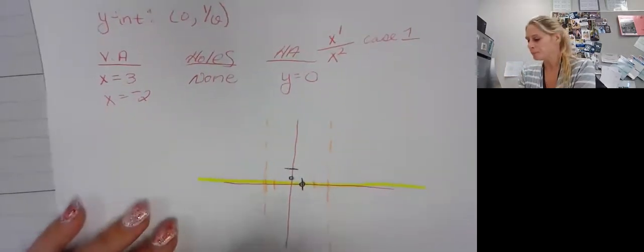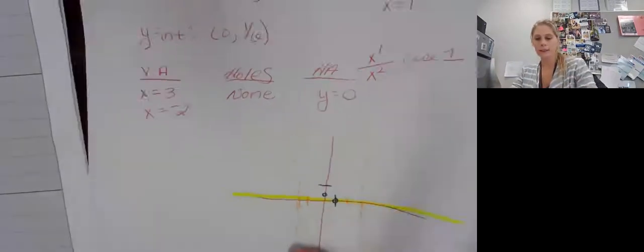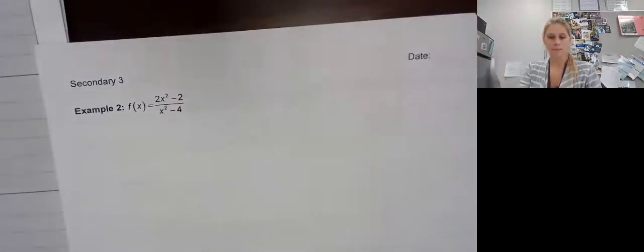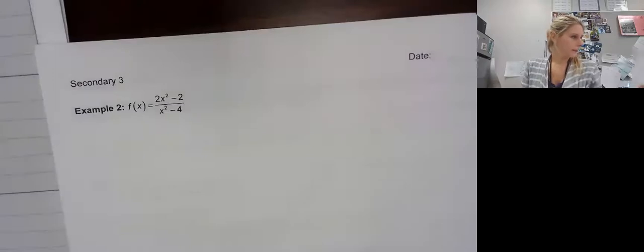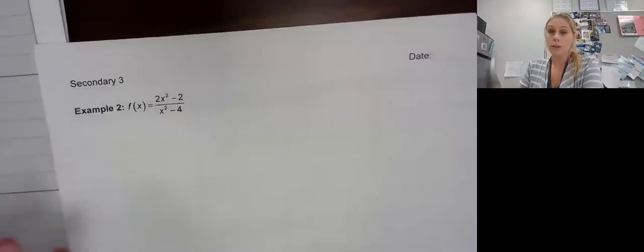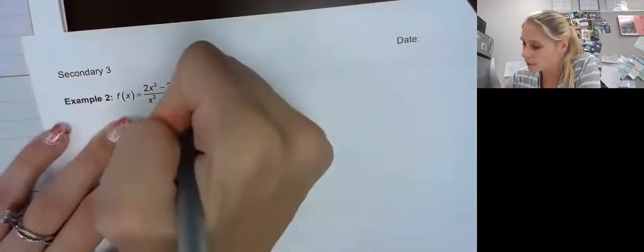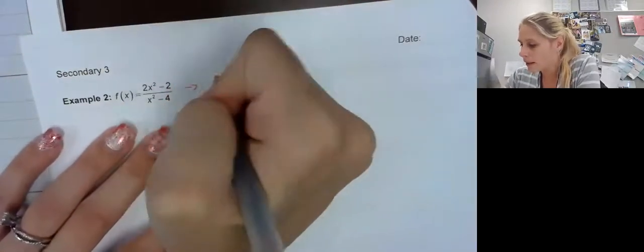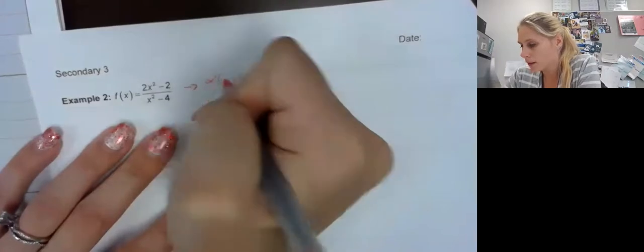Okay? Awesome. Let's see if we can do the next one. Example number 2. All right. So remember the first thing we need to do is factor. In the first one here, there is a 2 in common, so it's greatest common factor.